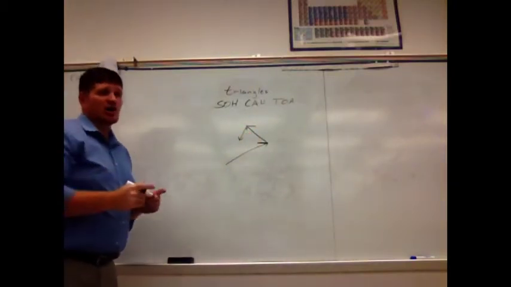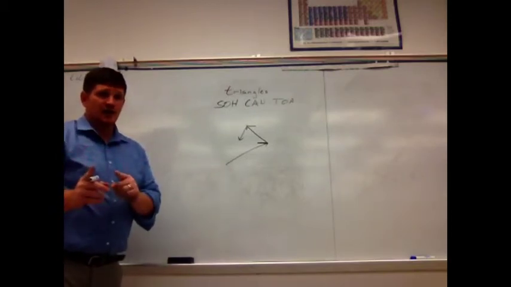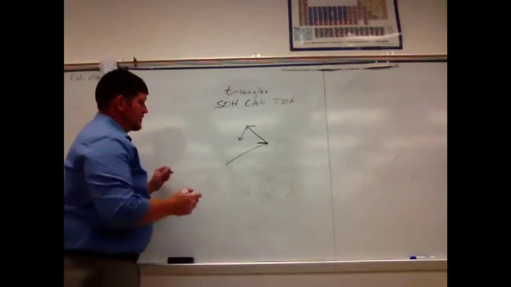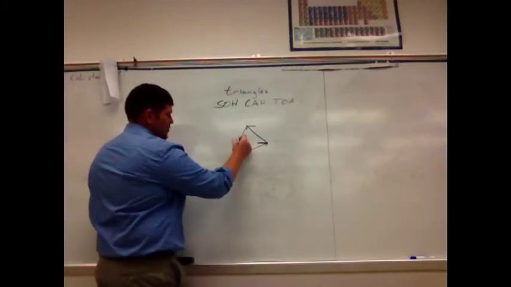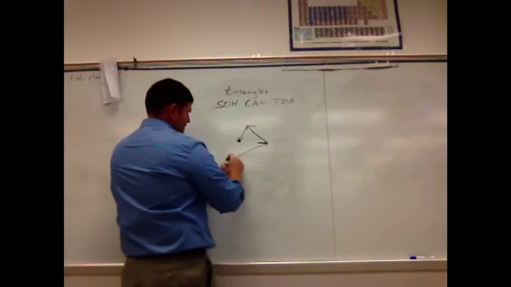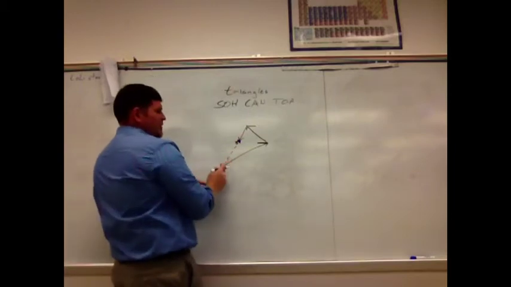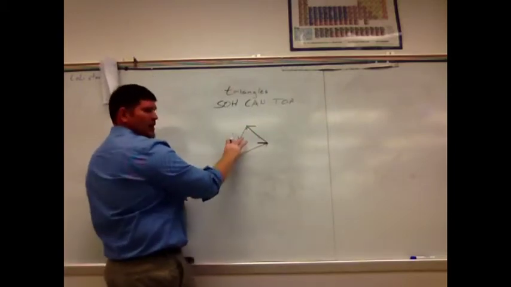Our goal out of these things is to come up with right triangles, because ultimately, and we'll talk about this more when we talk about vectors, our displacement is right there.